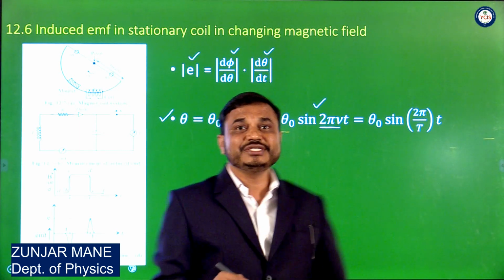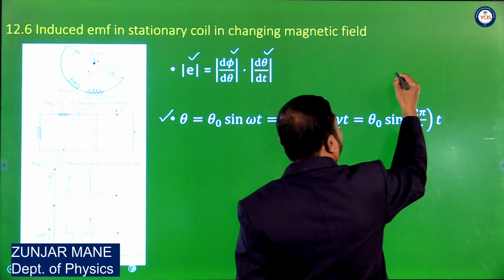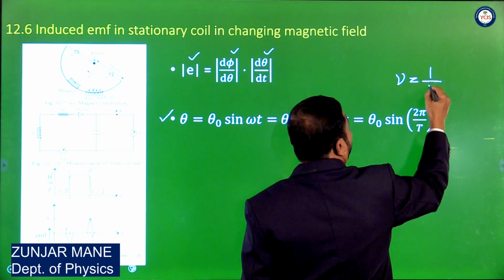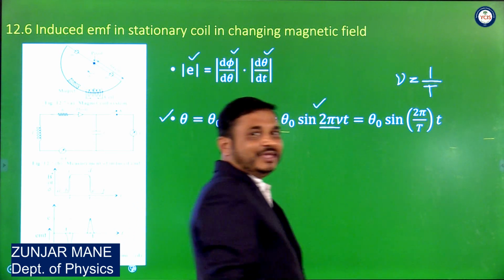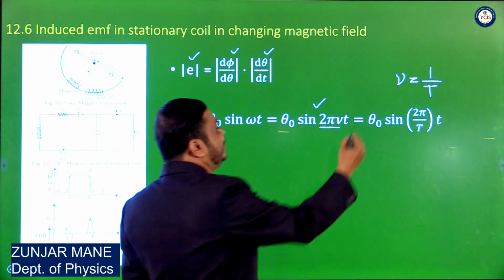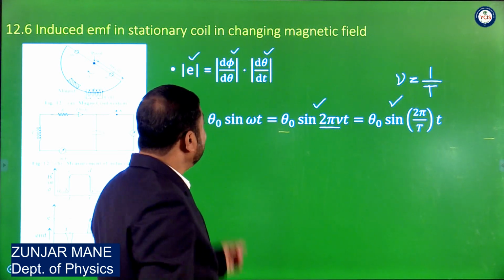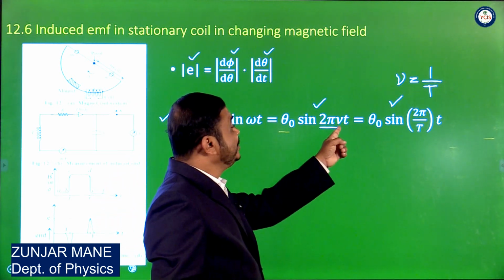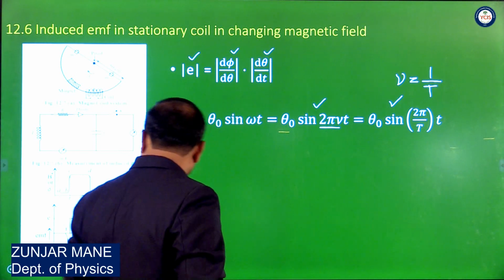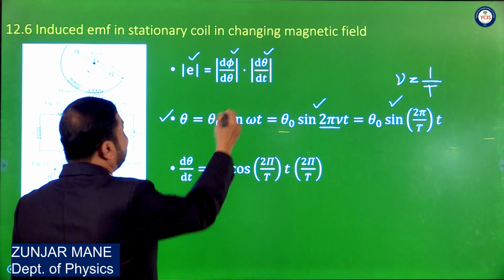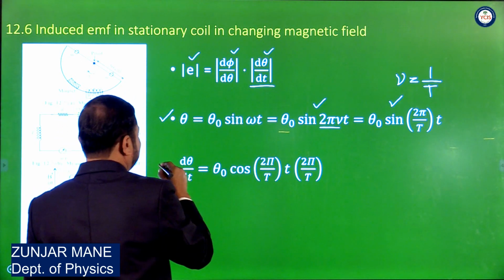We know that ν is equal to 1 upon the time period T. Now in terms of time period, we have θ equal to θ0 sin (2π/T) t. Now dθ/dt, let us derive this expression.